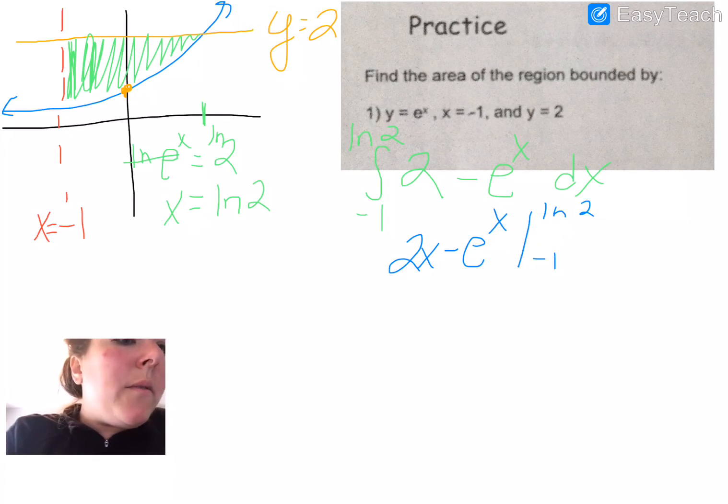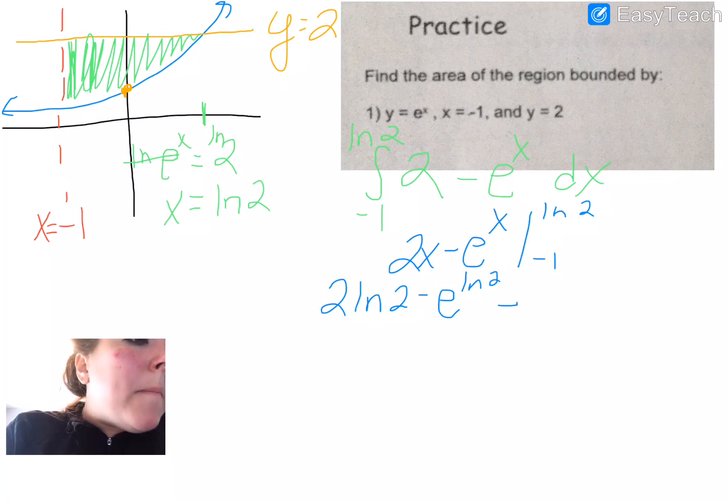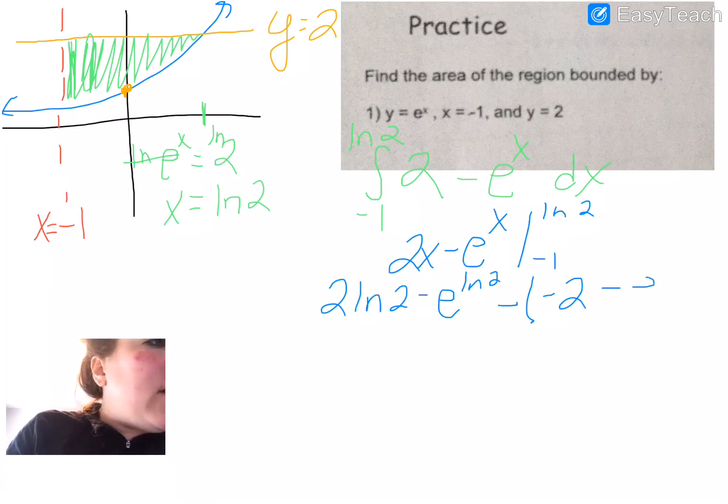So I have 2 ln 2 minus e to the ln 2 minus 2 times -1 is -2 minus e to the -1.